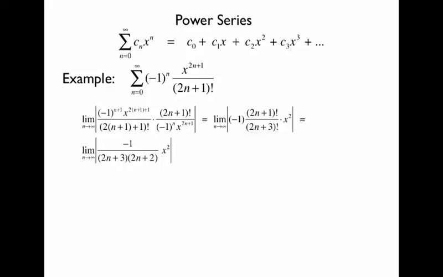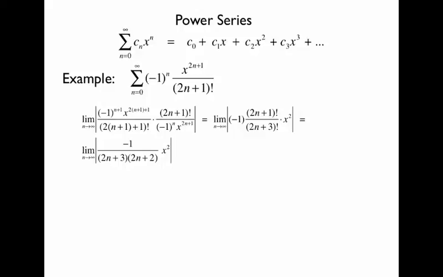So everyone agree with that? It should feel similar to the homework, it's just we have x in there too. So you end up with x squared, and then 2n plus 3 and 2n plus 2 in the denominator. Okay, so we're ready to evaluate the limit.